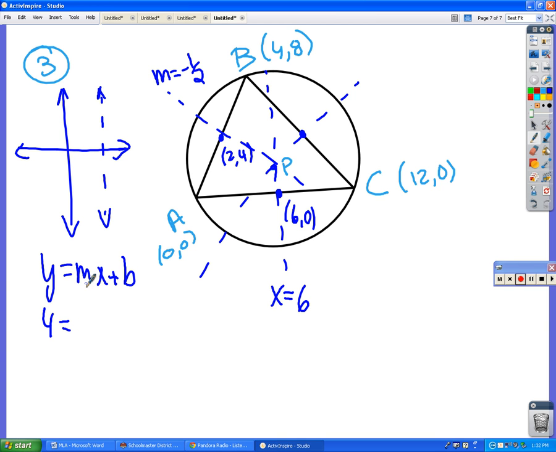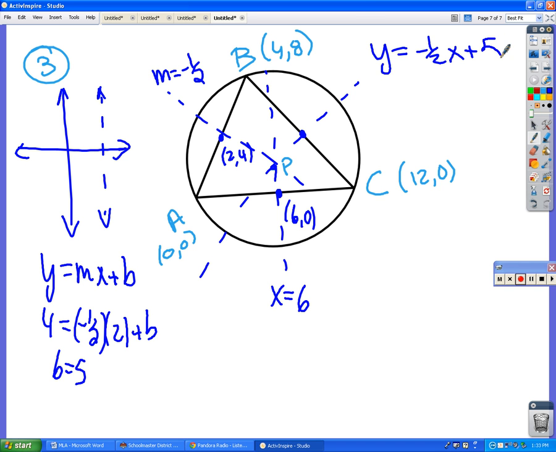What's m? Negative 1/2, because we figured out that was the slope. What's x? 2. And so I'm going to use that to solve for b. Negative 1/2 times 2 is negative 1. So if I add negative 1 to both sides, I get b equals 5. I know this is a huge, long process, but now we've got it. Y equals negative 1/2 x plus 5 is the equation for this line right here.